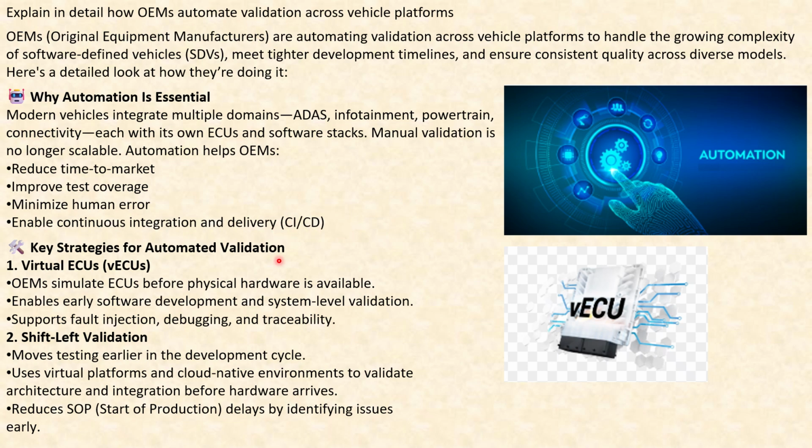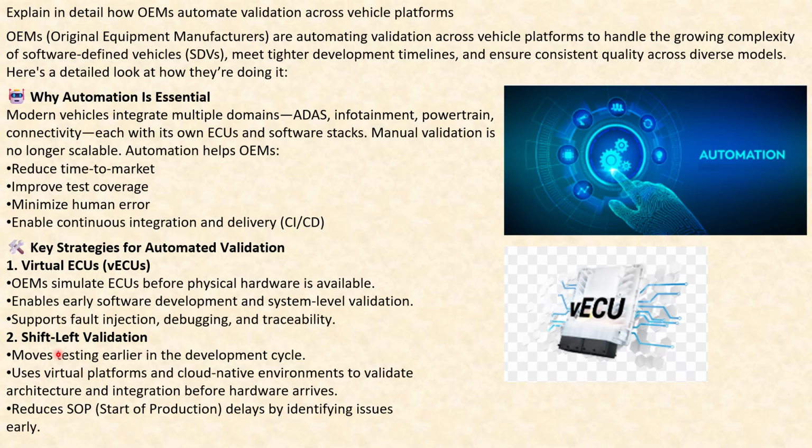Now coming to the key strategies for automated validation: virtual ECUs. The first important strategy is virtual ECUs. OEMs simulate ECUs before physical hardware is available, which enables early software development and system-level validation. It supports fault injection, debugging and traceability.